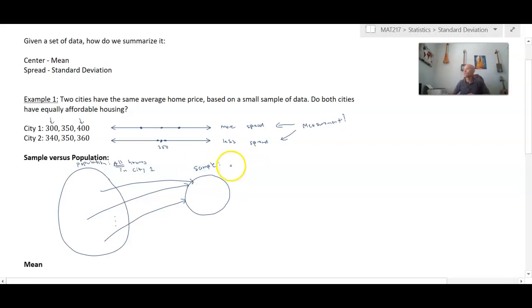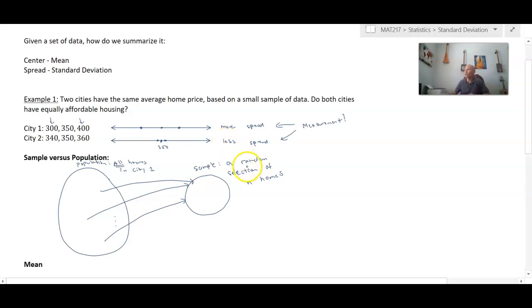And that's going to be a random selection of, we'll just say, n homes. Okay, so we form this sample. It's a way of getting an idea of what the house prices look like without having to sample all of them.